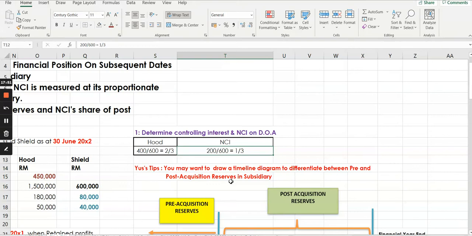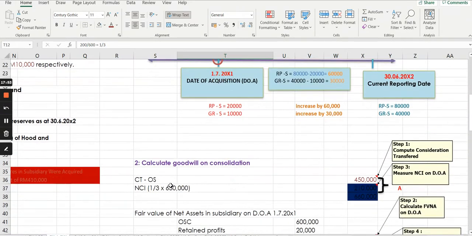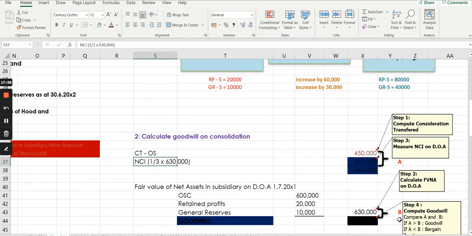So that 1/3 will be multiplied with 630,000, which is the fair value of net asset. 630 times 1/3 will give you 210. So if you total this up, you will get what I call A, which is the total consideration transferred plus the non-controlling interest.